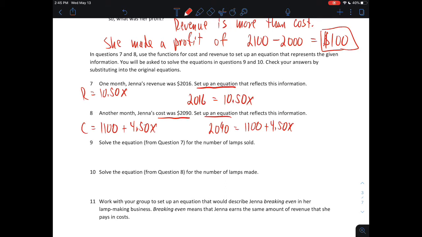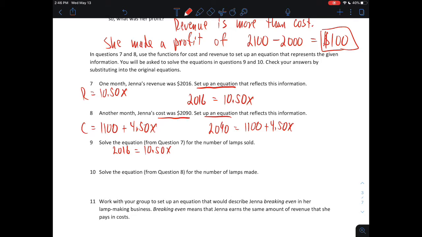Now number 9. Solve the equation from question 7 for the number of lamps sold, which means we want to take the equation 2016 equal to 10.50x, and we would like to know what is the value of x. This is going to use things that we saw over the previous sections, opposite operations.